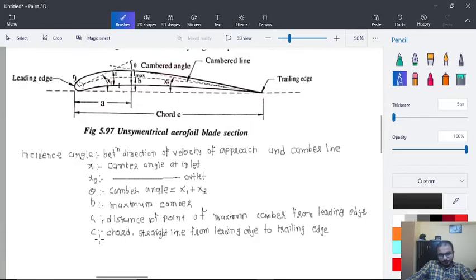Then we have T. While I am writing this, you can see the same nomenclature here also, so it is easy to understand by yourself. T is the blade thickness, and Tmax is the maximum blade thickness.